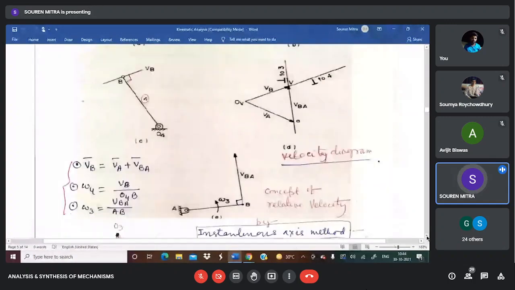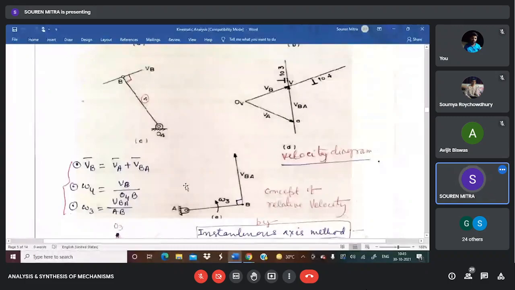Whatever VB we calculate, VB divided by this length will give you the value of omega 4, because omega 4 into O4B is VB. So omega 4 is VB divided by O4B. And what is omega 3? Omega 3 is this relative velocity, whatever you have calculated, divided by AB, this length, which will give you the value of omega 3.